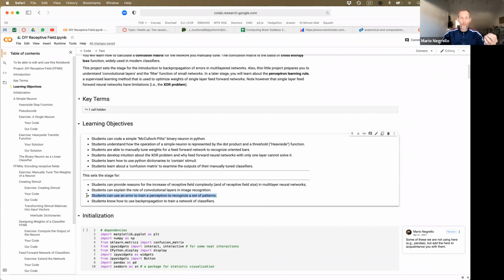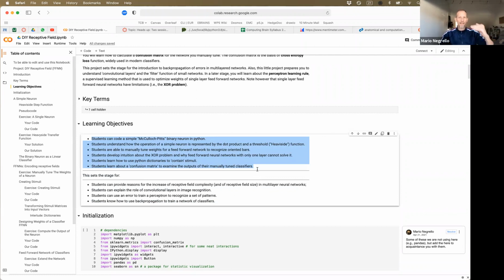You will be able to, via the cross entropy category loss or any other error function, train a perceptron to recognize a set of patterns. And finally, look into backpropagation. So this project has all of these many implications.